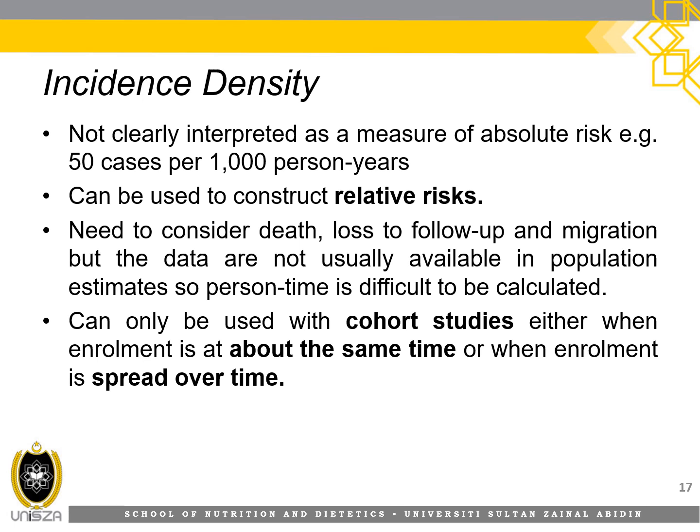Therefore, person-time is difficult to calculate. Incidence density can only be used with cohort studies, either when enrollment is at about the same time or when the enrollment is spread over time.